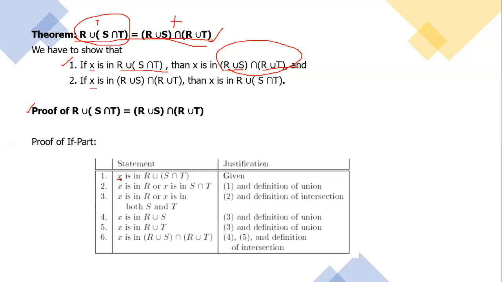The first statement I have taken as the given problem: X is in R union (S intersection T). That means I have taken the particular element X as present in the left hand side, so it is the given one. And next one, X is in R, from the first statement and the definition of union.